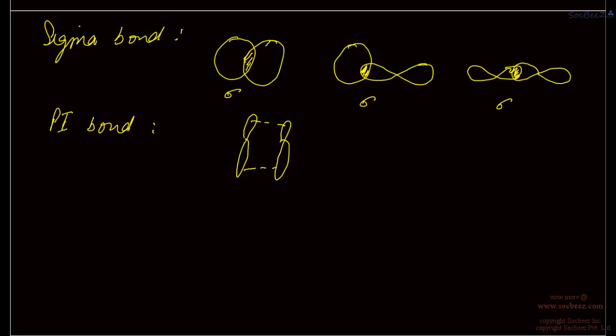So let's discuss hybridization. Hybridization is a process, the combination of a certain number of atomic orbitals of slightly different energies to form the same number of new hybrid orbitals of equal energy.